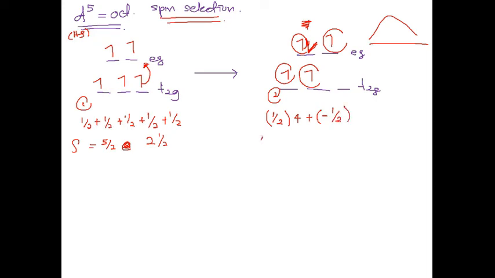So the S value for the second compound will be 3/2. When you calculate, delta S is not equal to 0, because this one is 5/2 and this one is 3/2. So that's why for this D5 high spin, for this peak, the spin selection rule will be forbidden.